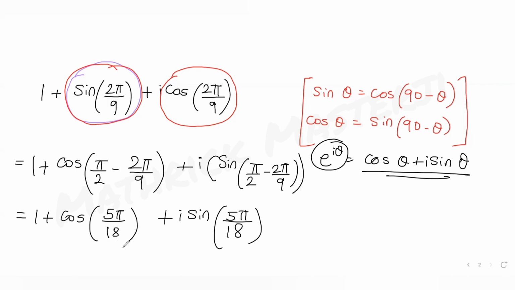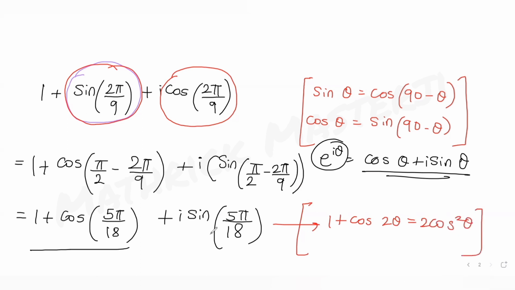Now once you have 1 plus cos, I need it only in terms of cos θ here to convert in terms of e^(iθ). So I'll try to solve this idea. To solve this, 1 + cos 2θ, we already know the idea for that. Using the double angle formula, 1 + cos 2θ is nothing but 2cos²θ.